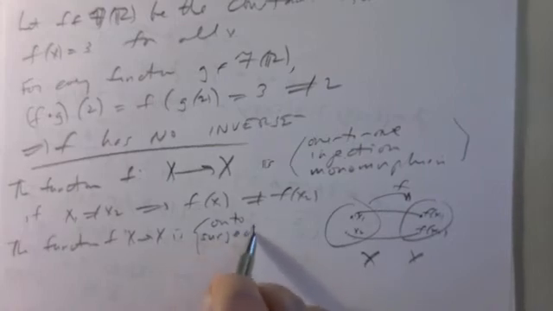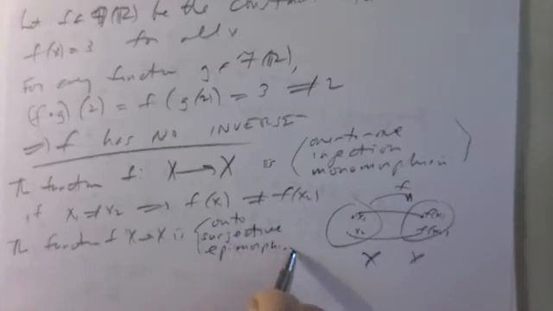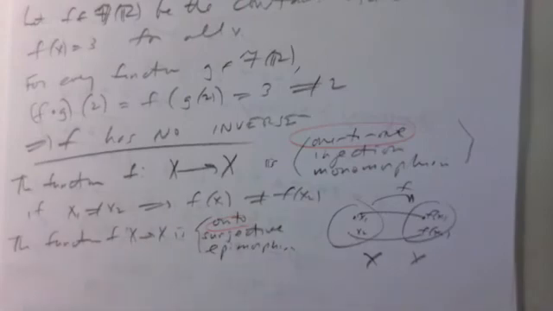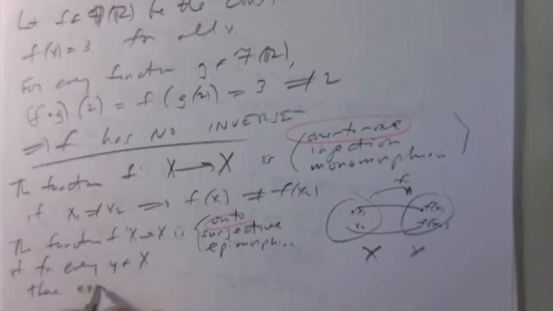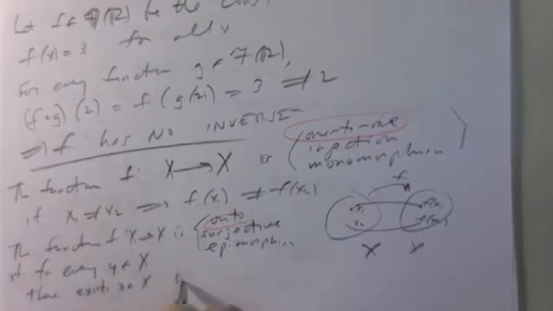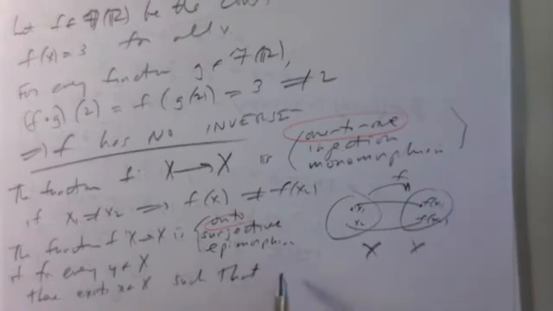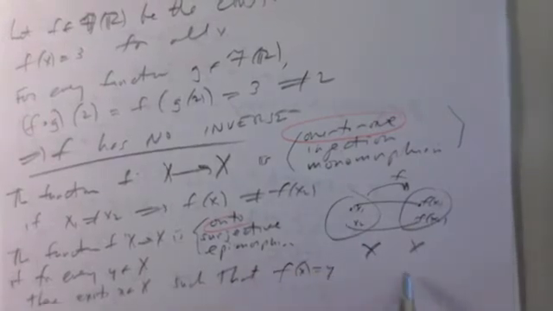You say the function f is, and again, there are synonyms, onto, surjective, sometimes even epimorphism. These are the only words I'm going to use. If for every y in X, there exists an x in X such that f of x equals y.